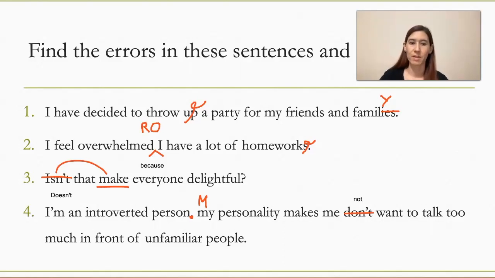My personality makes me not want to talk too much in front of unfamiliar people. Otherwise, if you just have subject verb, I don't want to talk. But here, my personality makes, and then object, me, not want to talk too much in front of unfamiliar people. So you should have corrected it to something like that.